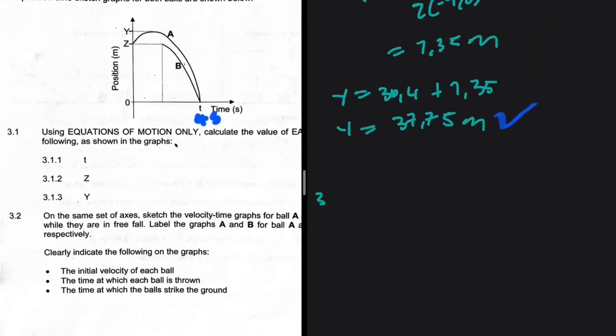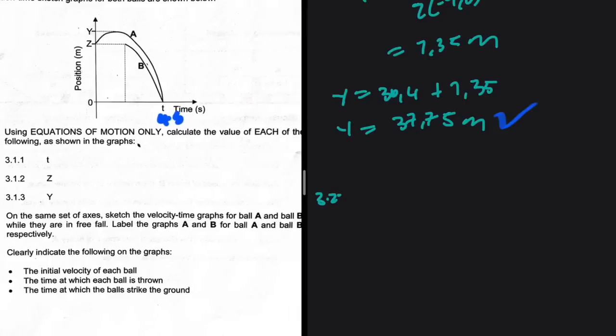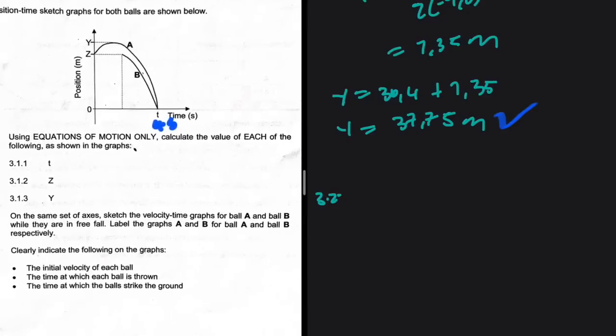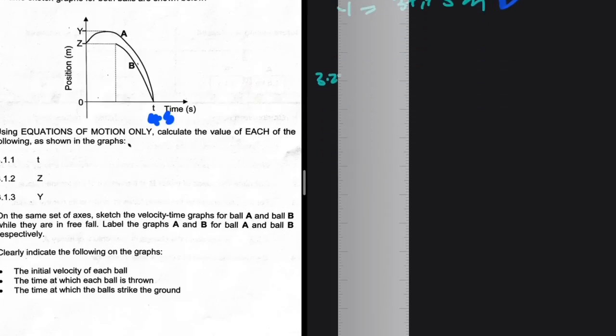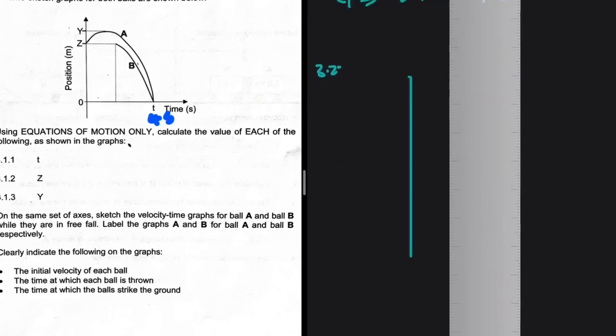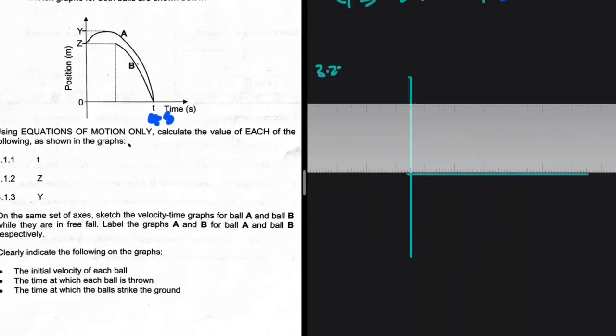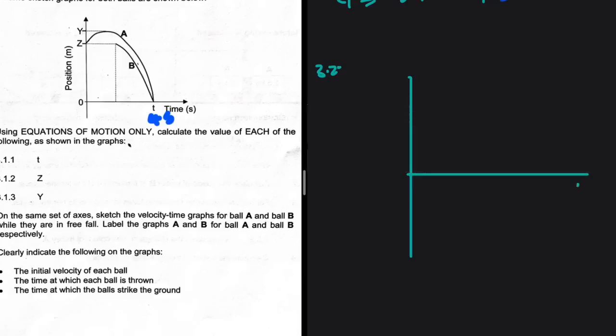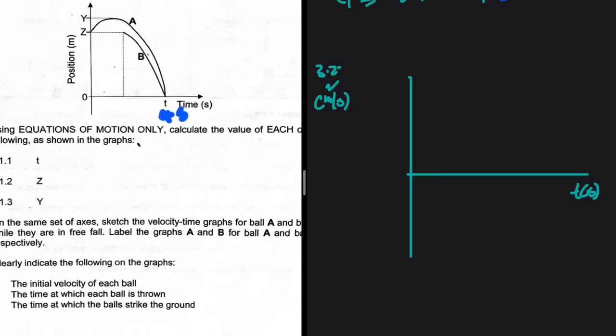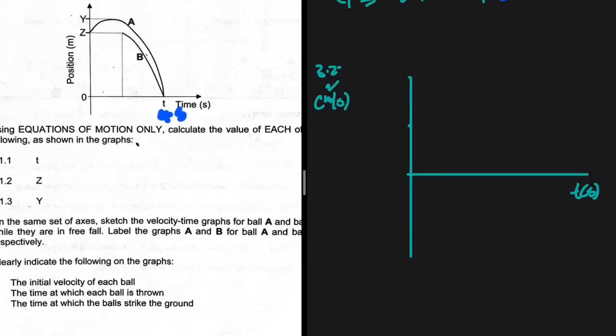And then 3.2, we are supposed to, on the same set of axes, sketch the velocity-time graphs for ball A and B while they're in free fall. Okay, so let's do that. Let's have our axes first. That's v, that's t. t in seconds, v in meters per second. The initial velocity of ball A is 12, taking up as positive. And that of B is minus 5.4. We know that the time t here, we can just put it as t, but we know fully well that it is 4 seconds.